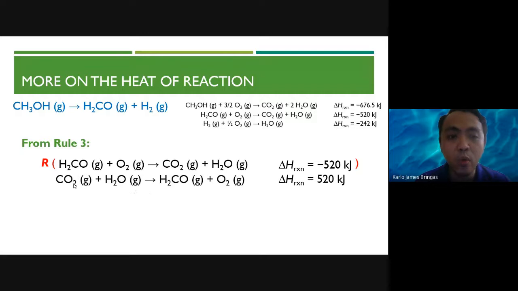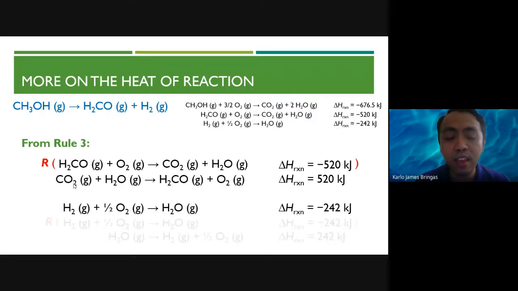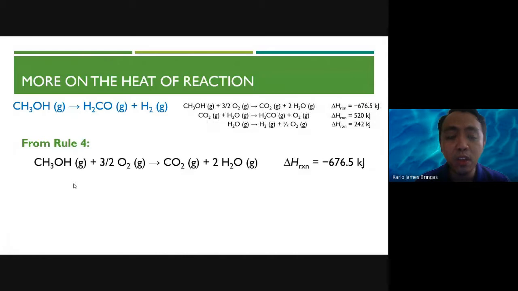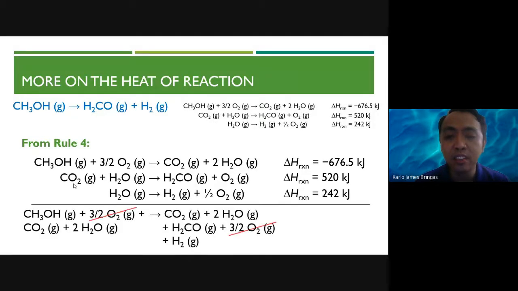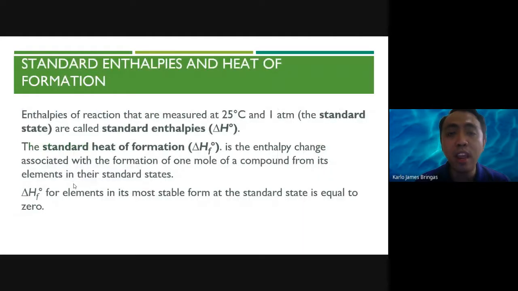Using our data from the thermochemical equations, we can use Hess's law to calculate delta H rxn. Now, another common data that we're given would be our heats of formation. So now we have to define a couple of things. Normally, ang enthalpies ng reaction natin, they are measured at 25 degrees Celsius and at 1 atm of pressure.